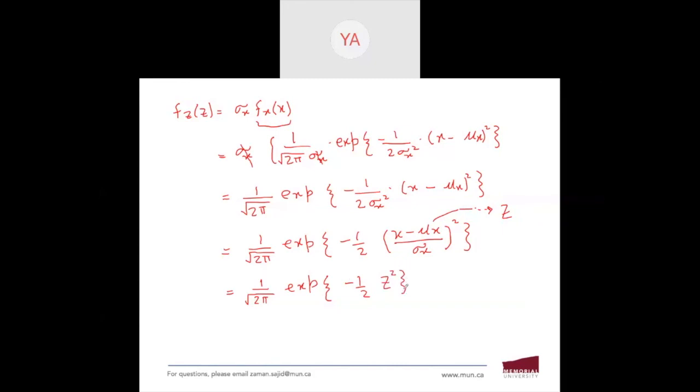Now one thing you need to notice here: because we have transformed our variable x into z, the left hand side is also transformed, as it is coming from here, f of z. Now this equation is what we call the CDF of the normal distribution.